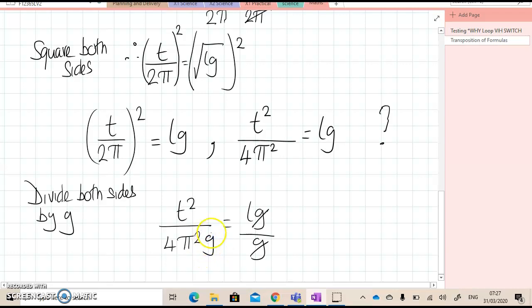So the G goes underneath there, and there we go. They cancel themselves out. So L equals T squared over 4 pi squared G.